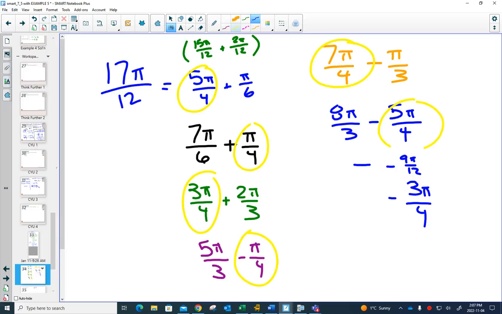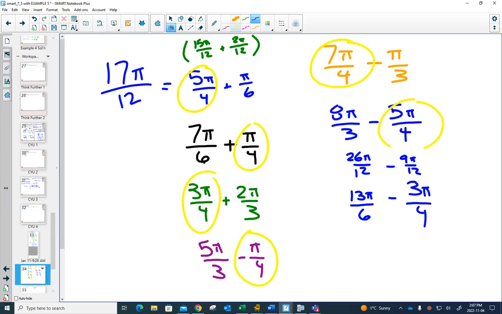Something minus 9 has to be 17. It would have to be what over 12? 26. What does 26 pi over 12 reduce to? 13 pi over 6. That would have been another one.